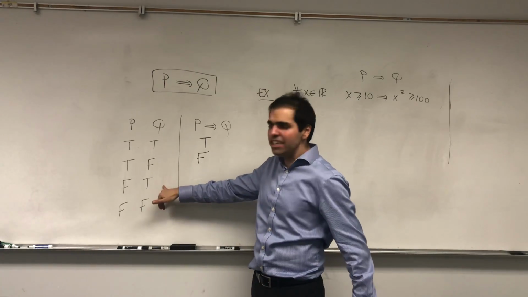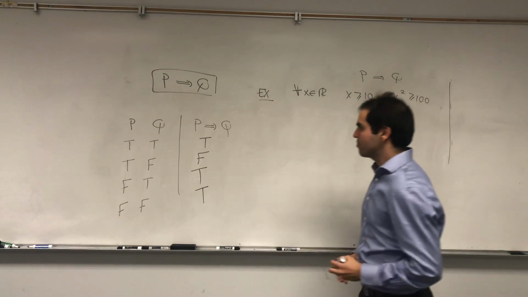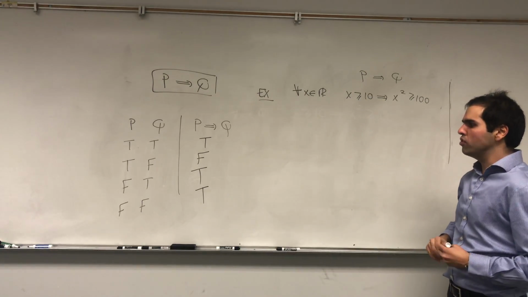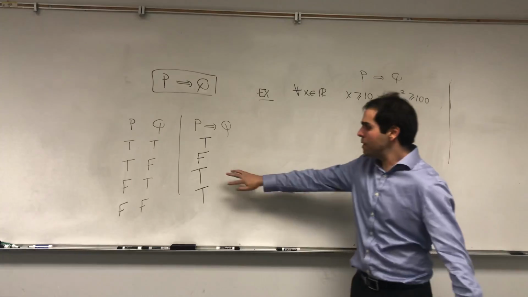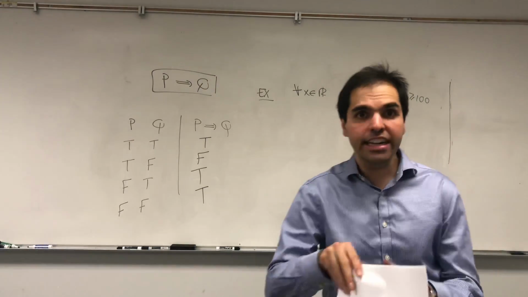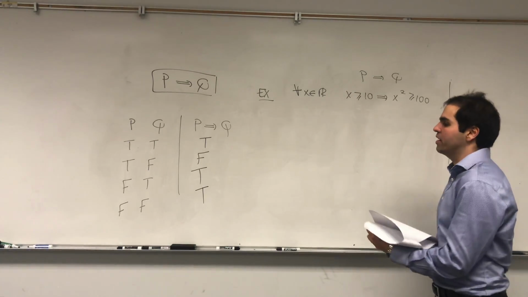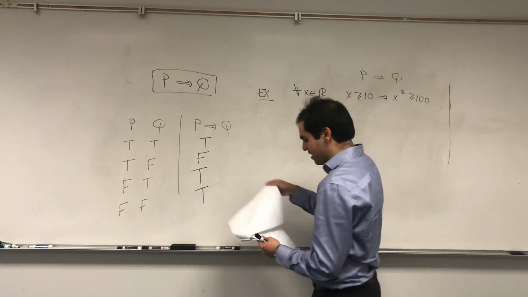So kind of by default, this is also true. So here the truth table is true, false, true, true. And I will explain this a little bit more in the end. So it's normal that you're weirded out by this. Just wait a couple of minutes or just fast forward and you'll see a more intuitive explanation.